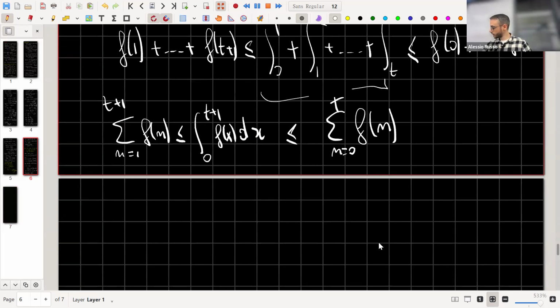So I hope I got it right. I think it's right. So we wanted to show an upper bound and a lower bound on this guy here.